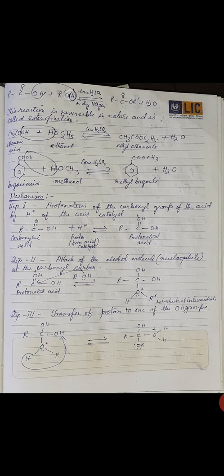In the second step, the attack of the alcohol molecule, that is the nucleophile, at the carbonyl carbon. You can see in the protonated acid, the lone pair of electrons of the alcohol is attracted towards the protonated acid and it is giving a tetrahedral intermediate. Now in step 3, we are transferring the proton to one of the OH groups. We are getting the product.